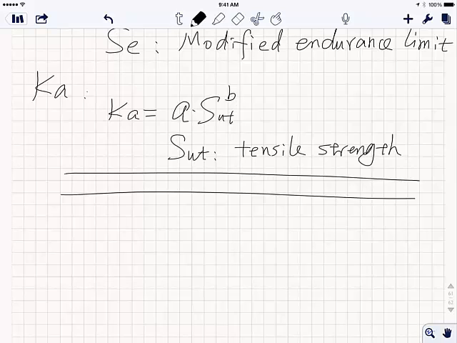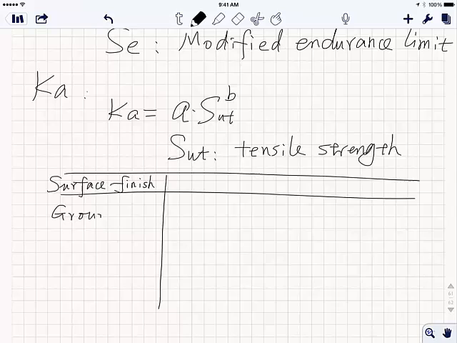In the first column, for most rotational parts, there are 4 different kinds of surface finish. First, you can have it ground. Or you can have it machined, just using the lathe to machine it.